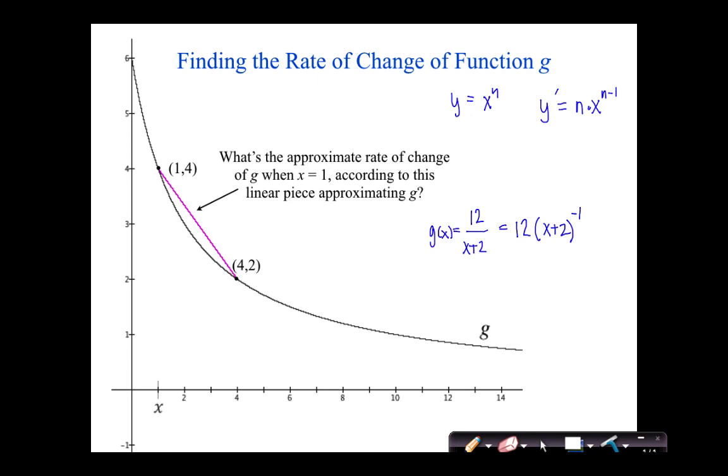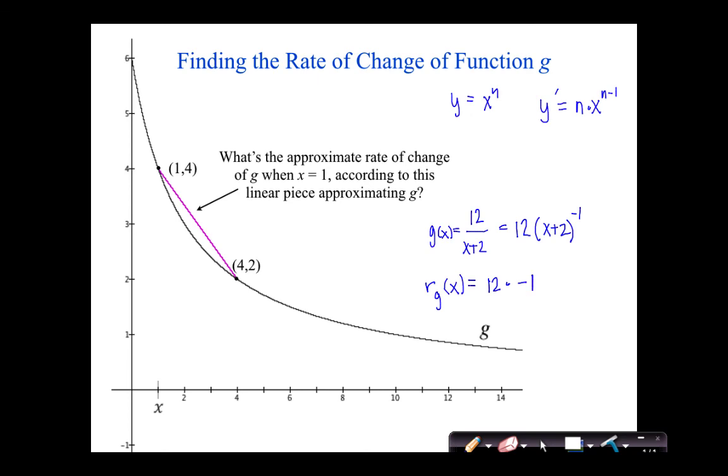There are some other variations we'll worry about more in the future, but if I want to find the rate of change of function g, if I think about this power rule, I've got this coefficient, I'm just going to leave that. And I've got something to the negative 1 power. Now, I can't expand this binomial, it's a negative power. I'm just going to have to stick with it like that.